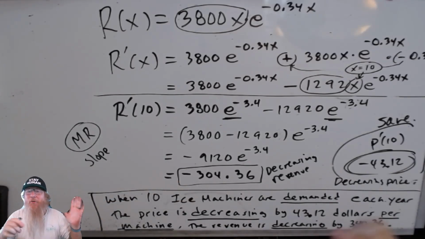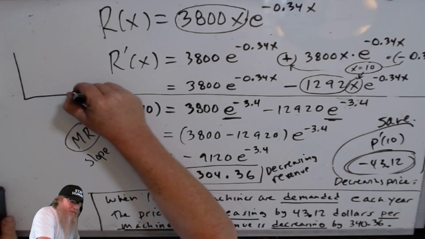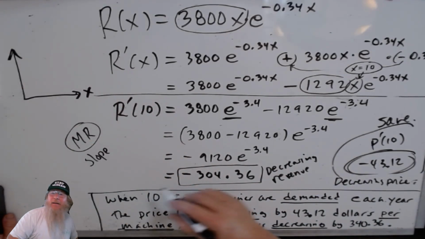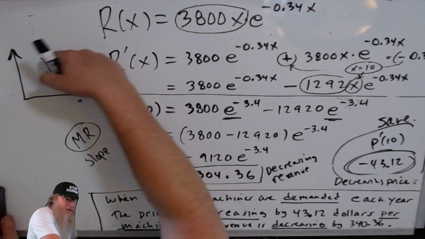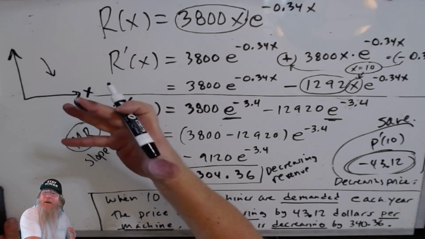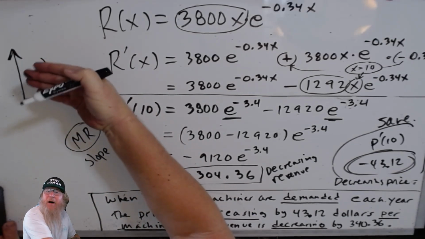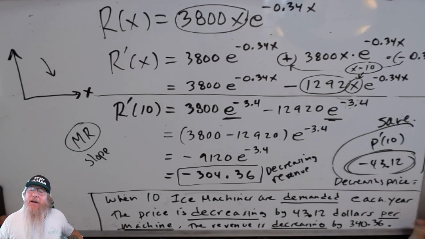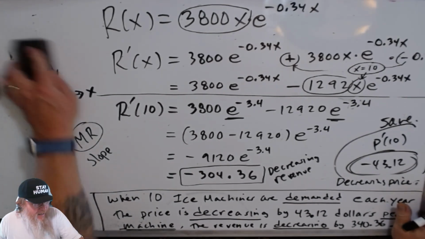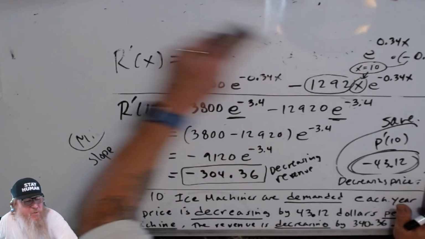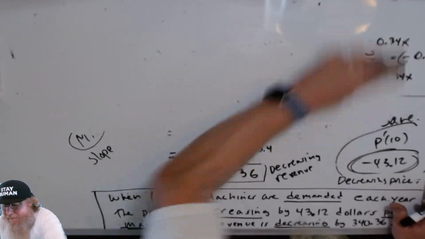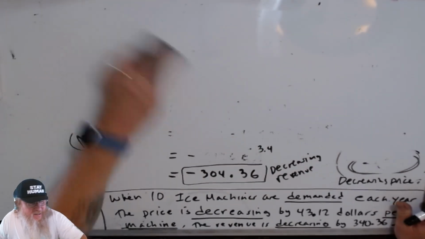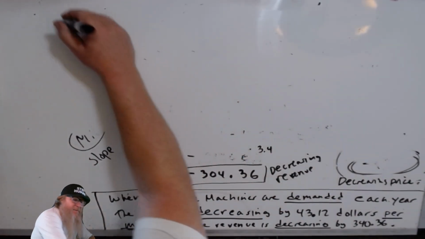If you think about the graph, yeah, you're in quadrant one and you're heading down, but you're still making money. As long as you're above the x-axis, you're actually still making some money. If you are making more revenue than cost, then you have an actual profit.